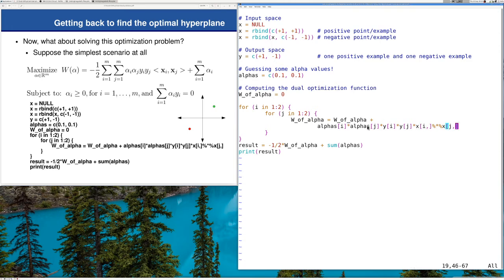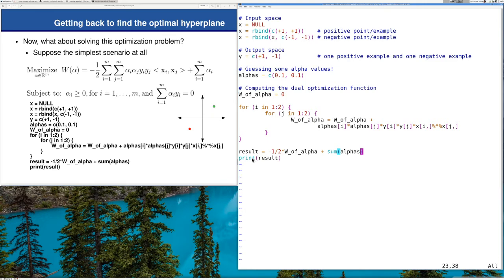After computing all that, I just need to multiply this by minus half, because this is my partial solution, plus the sum of alphas. And this is going to be my result.